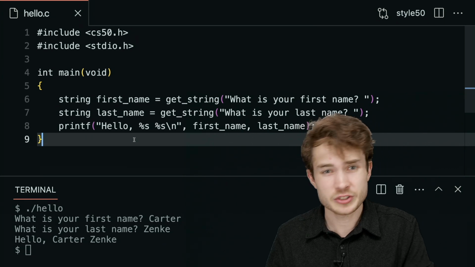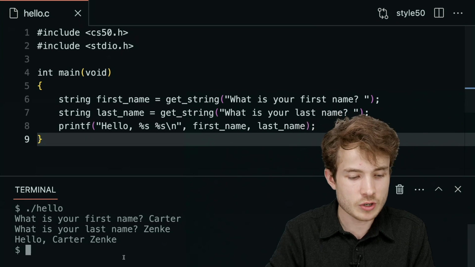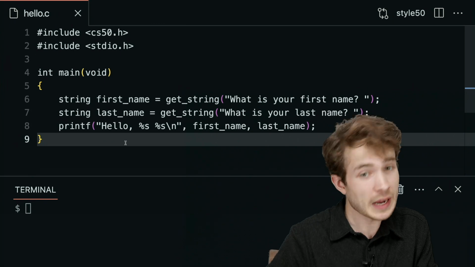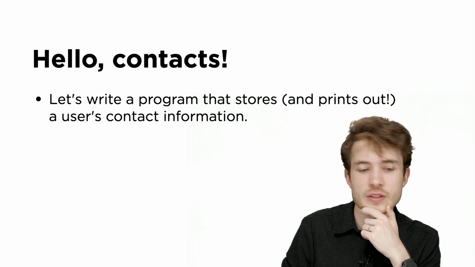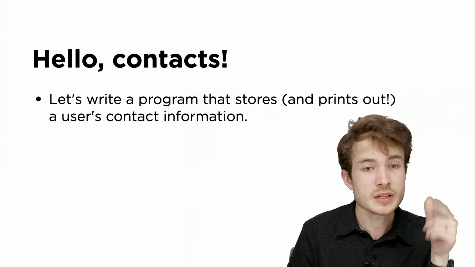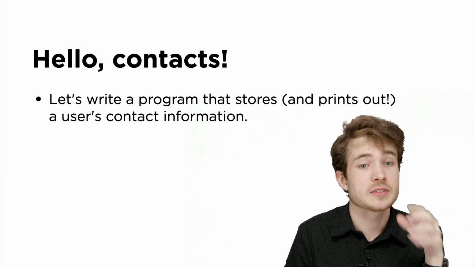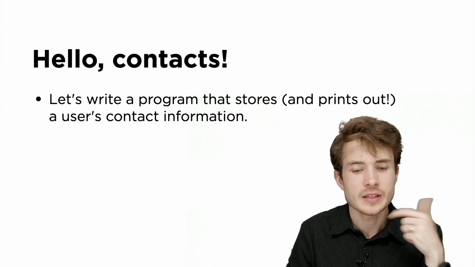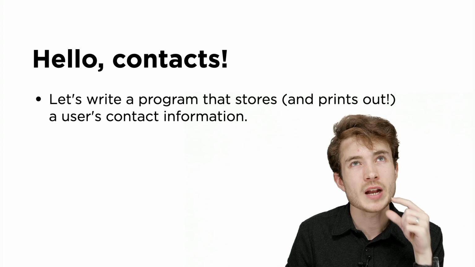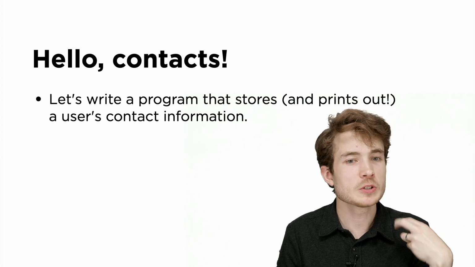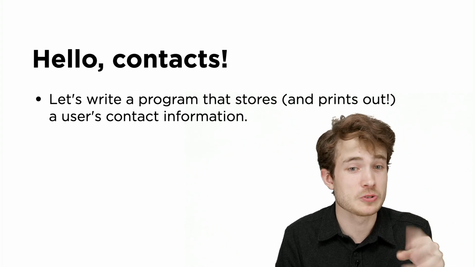Now, building on this, let's continue on and try making a more advanced program to store our contacts. So I'll go back to my slides, and I'll show you this. We're going to create a program that takes in and stores, and then later prints out a user's contact information. If you're going to write this program, I want you to include the following 3 attributes of somebody.